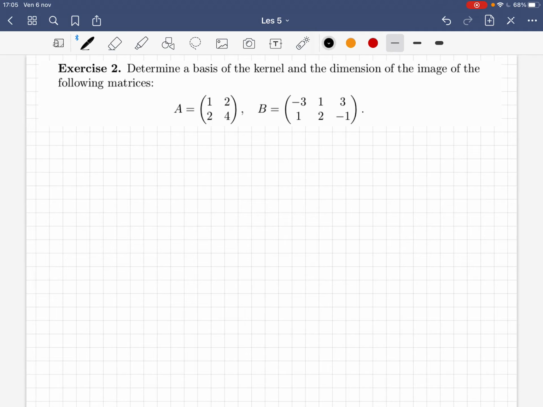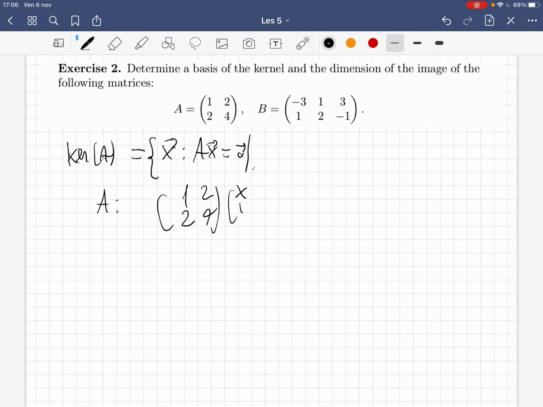So here, the point is, we just have to solve some linear systems. The kernel of A, just to remember, in general, is the set of vectors such that they are sent to 0. So we just have to solve this system and see what happens.